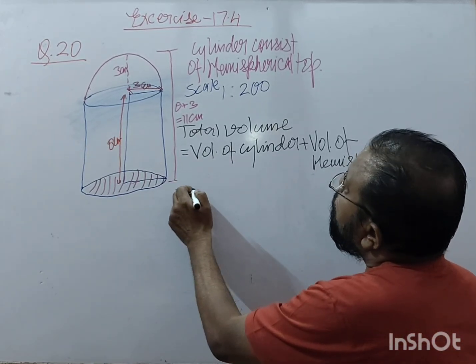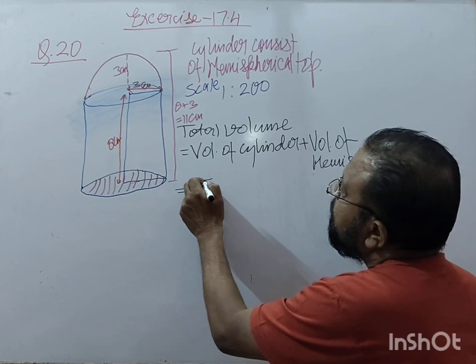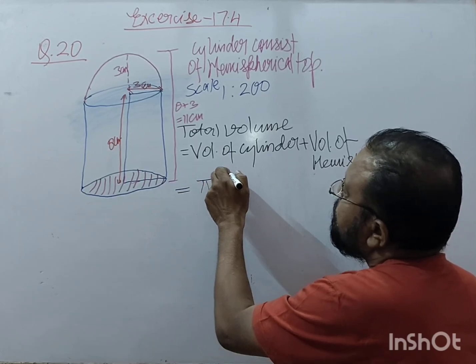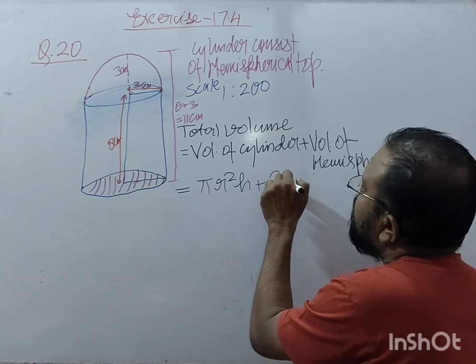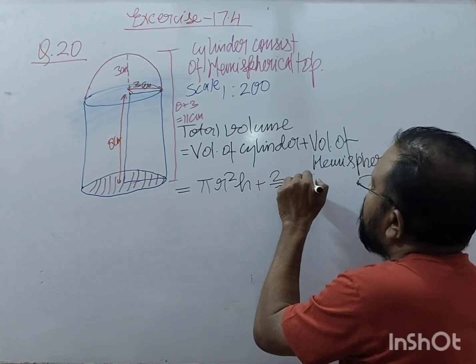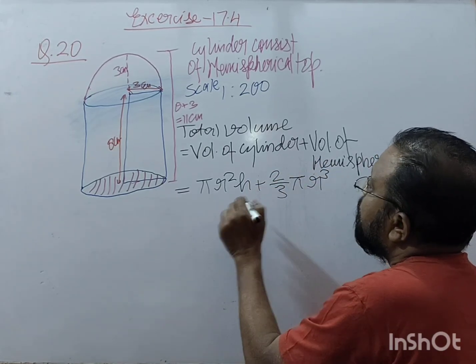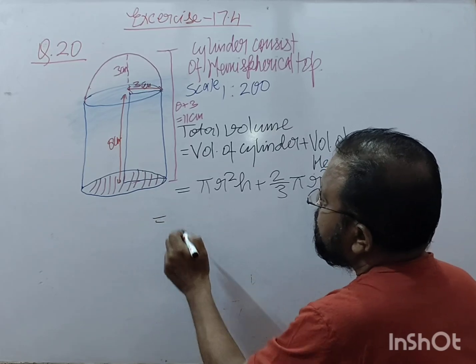So volume of cylinder is pi r square h plus 2 by 3 pi r cube.